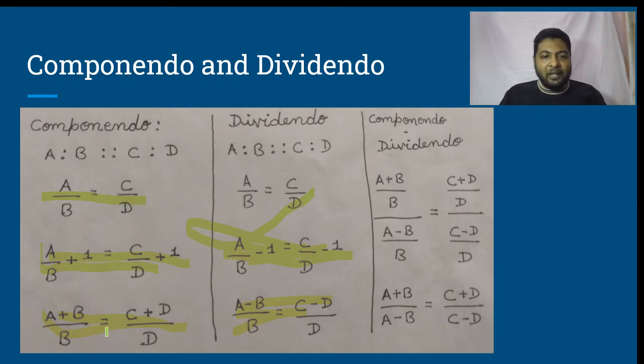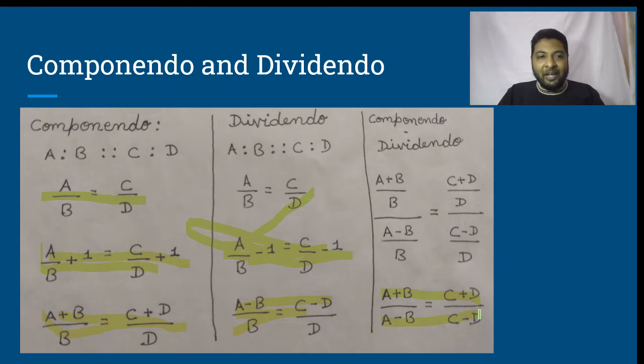See, A plus B by B is equal to C plus D by D. A minus B by B is equal to C minus D by D. If I divide one equation by the other equation, we end up with A plus B by A minus B is equal to C plus D by C minus D. This is nothing but componendo dividendo.